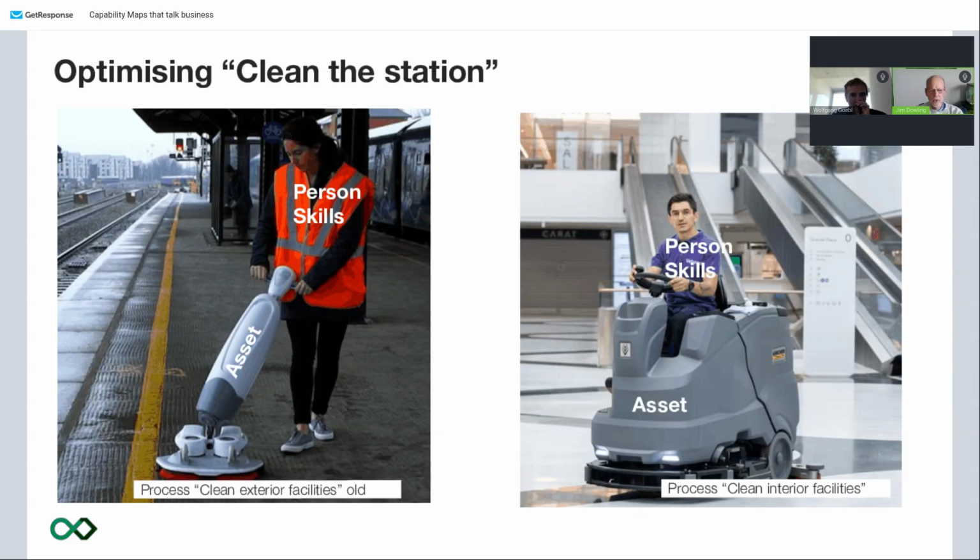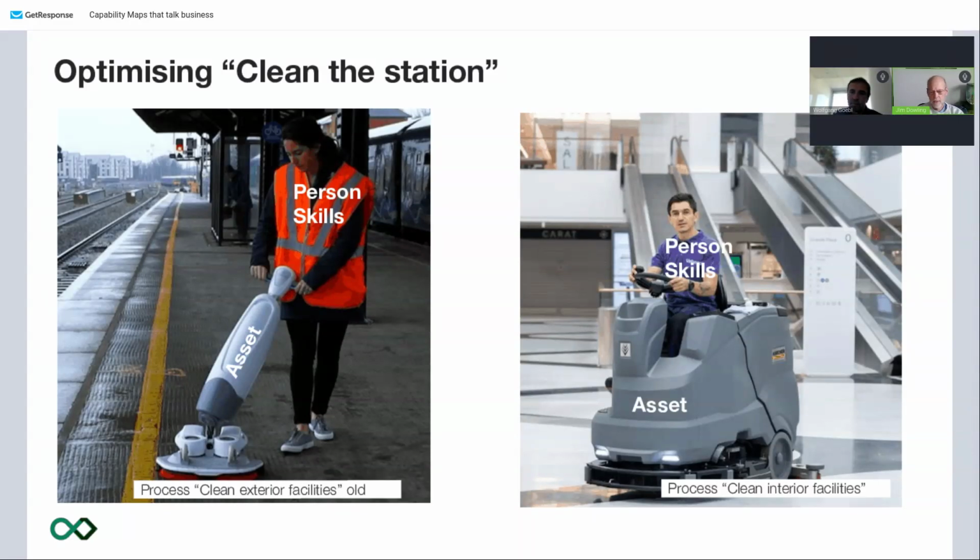So now the clean station. Remember we heard about riding on the cleaning machines. Well, riding on the cleaning machines in this particular instance on the left isn't such a great idea. They need a different asset to do the job. They need different skills to operate that asset.